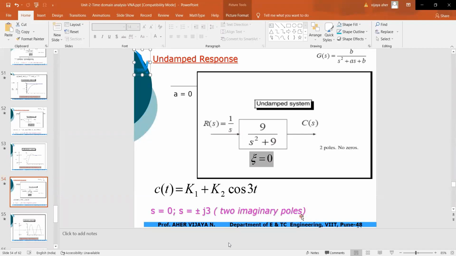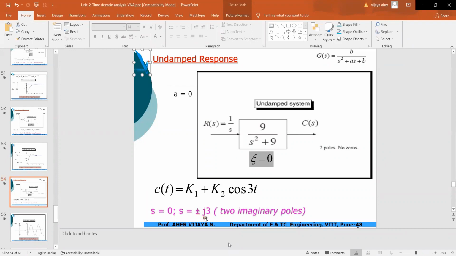Now you are going to locate it. That is very simple. But coming to your response C of T, how to get? You have to write equation for C of S first. C of S is equal to 1 by S into 9 divided by s square plus 9. After finding the roots of this equation s square plus 9, you will get poles, that is s1 s2 is equal to plus minus j3. Okay, these are 2, plus and minus, imaginary poles.